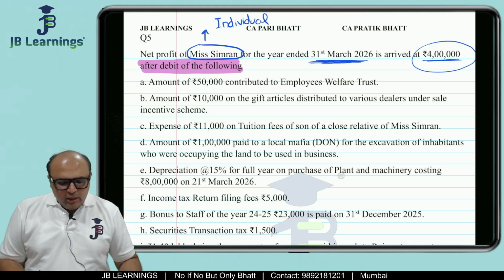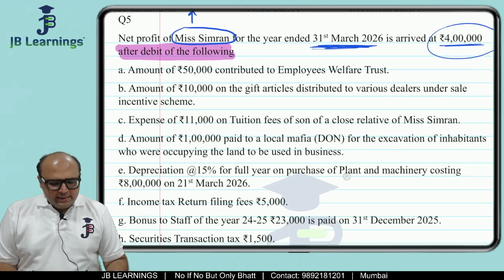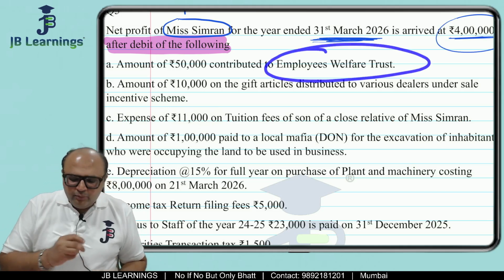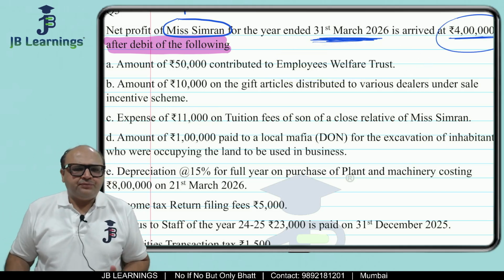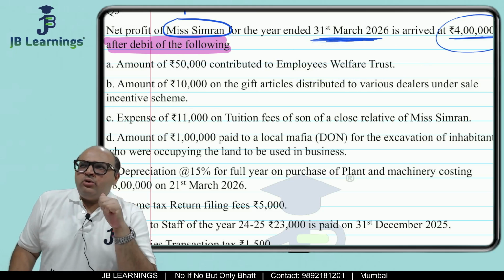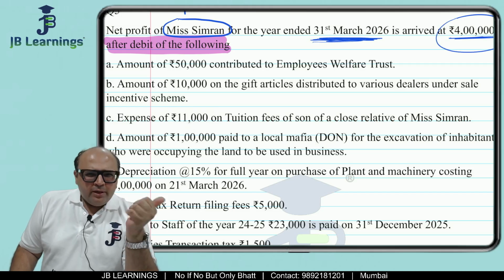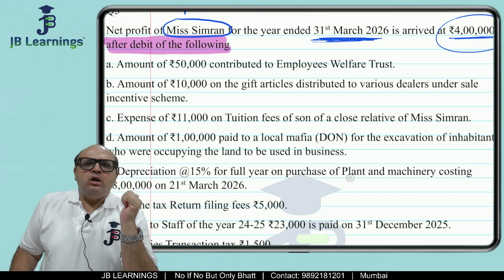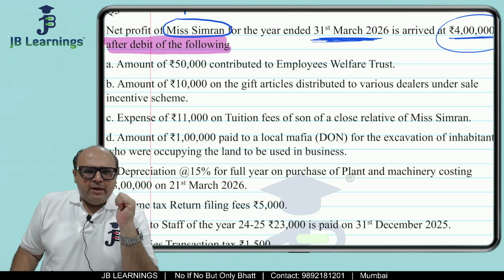Okay. Now the first adjustment on the debit side: amount of 50,000 contributed to employees welfare trust. Now friends, if you remember section 36(1), amount contributed to recognized provident fund, approved gratuity fund, approved superannuation fund, all these approved funds are there.